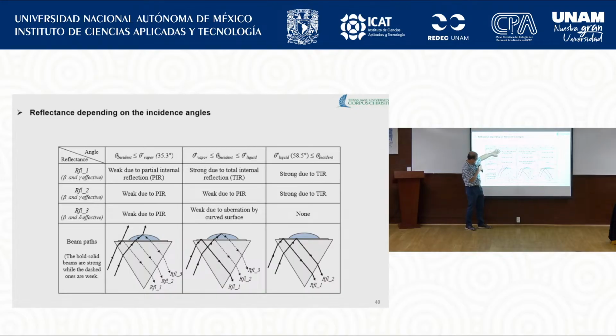In the very small angles, we cannot detect, the reflection is not captured by the detector. However, with increasing incidence angles, we capture only the reflection from the glass-air, and then with more increased angle, we can detect the glass and the liquid interface refraction.